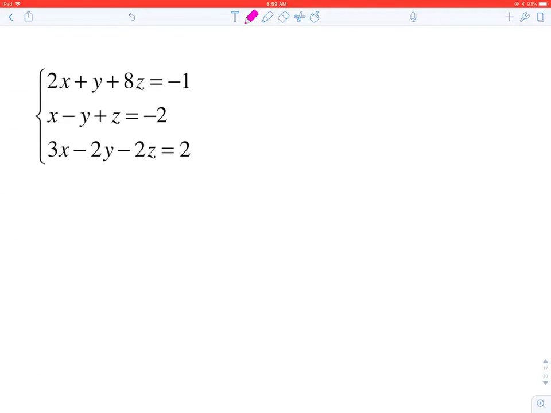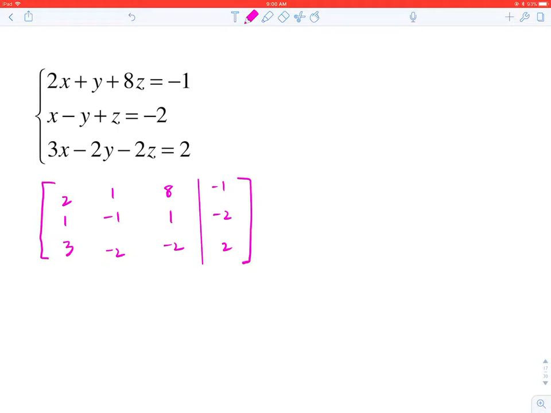Okay, so we are going to solve this system now of 3 equations, 3 variables, using Gaussian elimination. So first, writing my system as an augmented matrix. Make sure you write the augmented matrix with the correct coefficients, or correct elements.